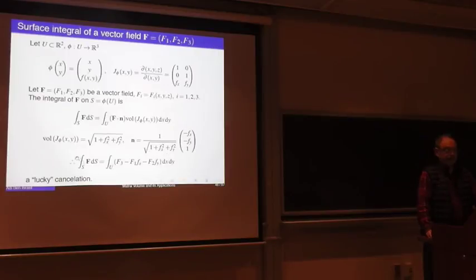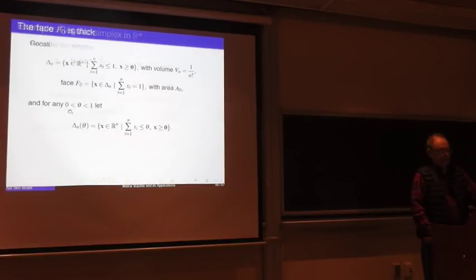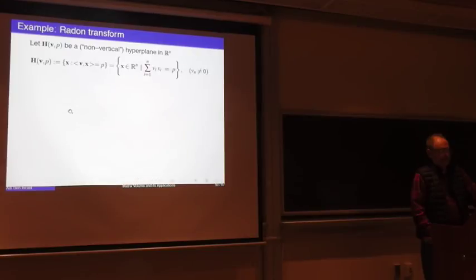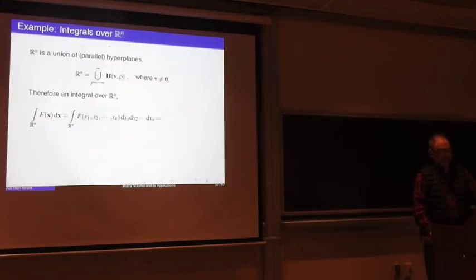So I get a very nice result for the integral of the force field. Okay, we can do it with other coordinates and get the Radon transform, another important integral. That's the integral of a function over a hyperplane. And again, the volume allows us a nice simplification.